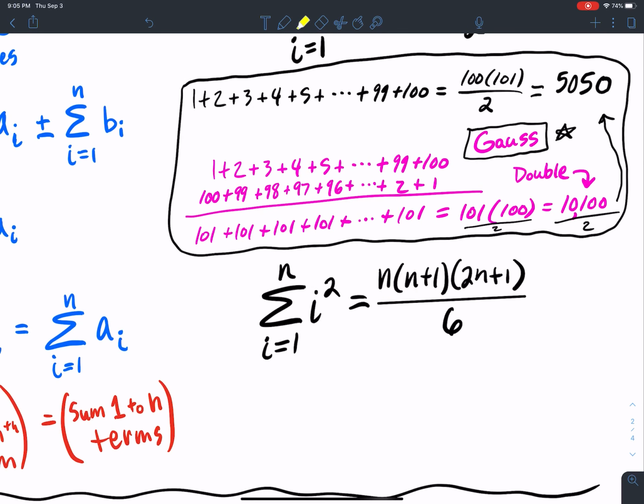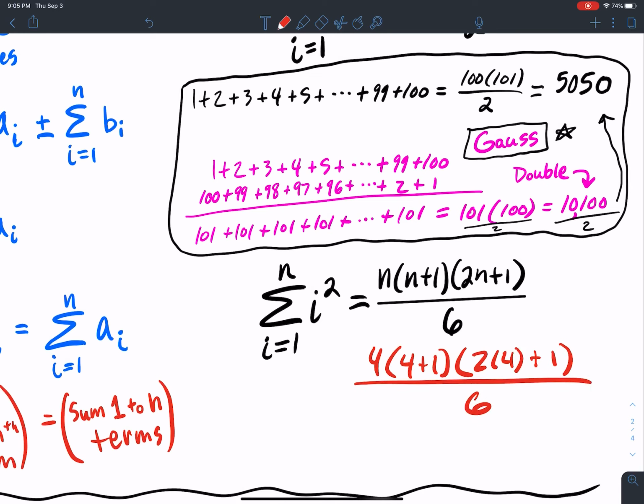So let's try it out with that n equal to 4. I had 4 times 4 plus 1 times 2 times 4 plus 1, all divided by 6. So that's what? 4 times 5 times 9 divided by 6. 3 and 6 cancel, and the 2 and the 2 cancel there.